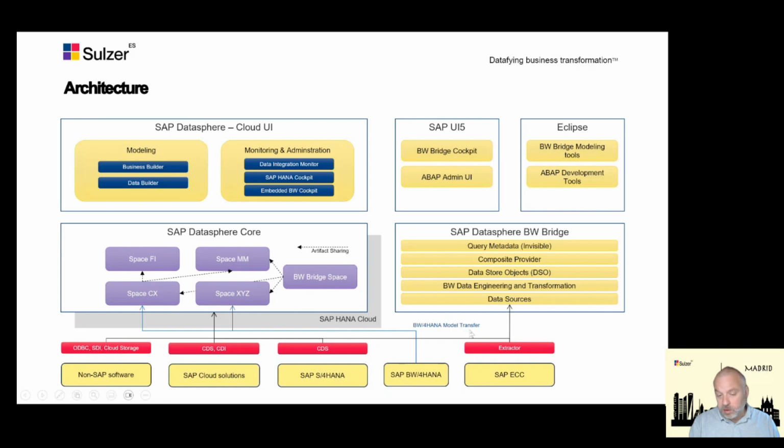It's the BW for HANA model transfer that allows us to publish structures and the data that belongs to them in a BW for HANA system directly into Datasphere, and allows us a pretty well performing virtual access to this data, making Datasphere an additional functional layer on top of data that is managed in a BW for HANA system.